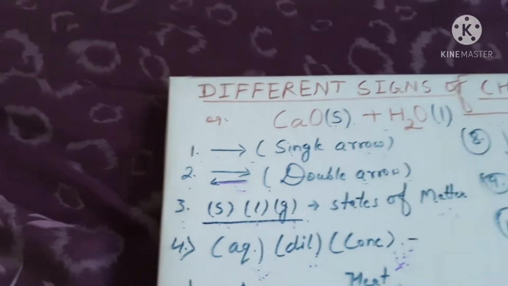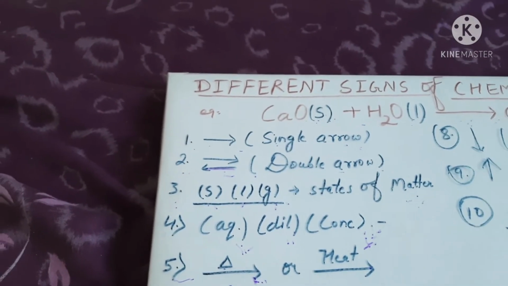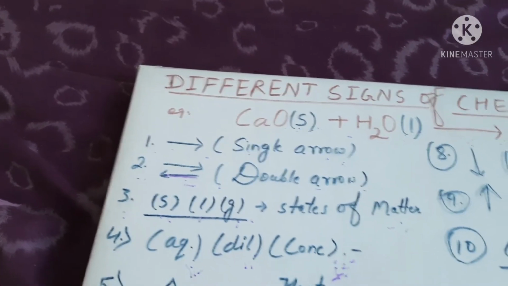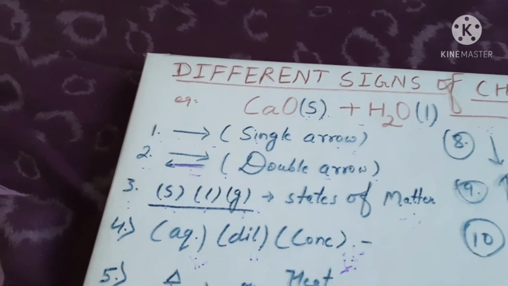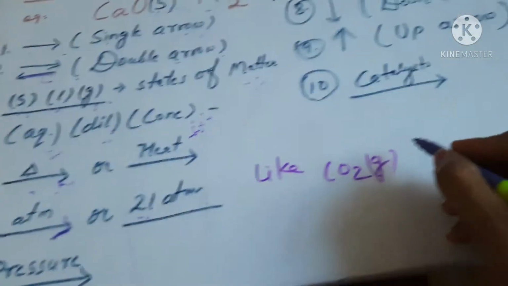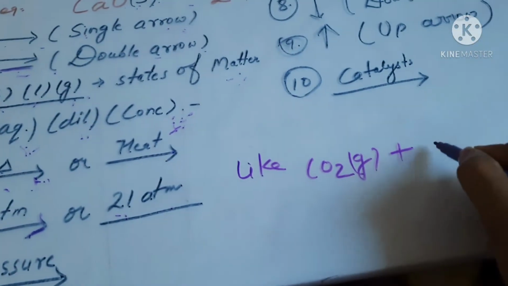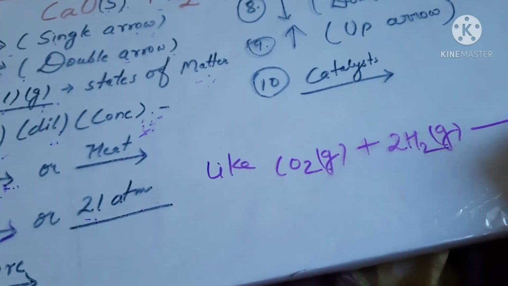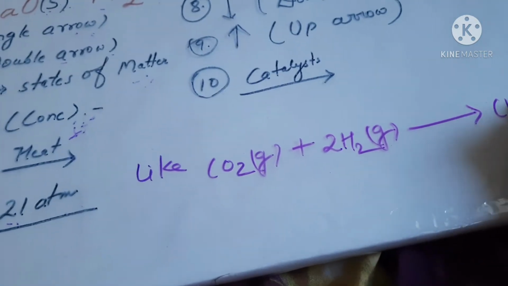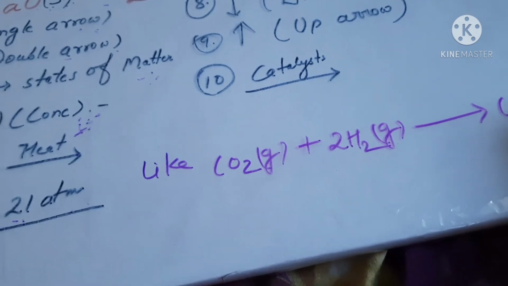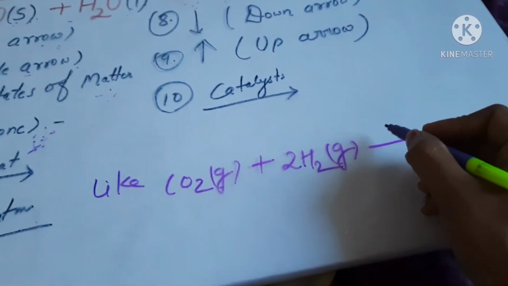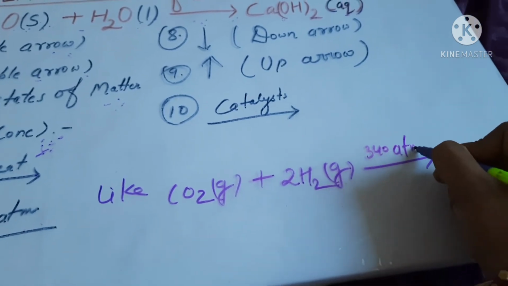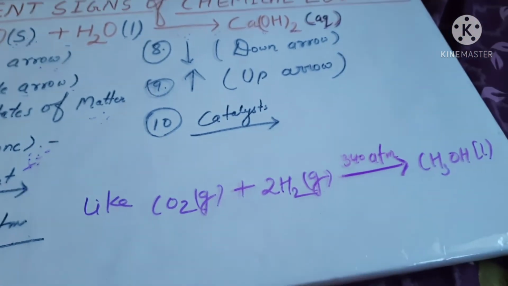If any number is given with ATM, let's take an example: CO2 is a gas, which reacts with hydrogen to form a chemical in the liquid state, with 340 ATM above the arrow.